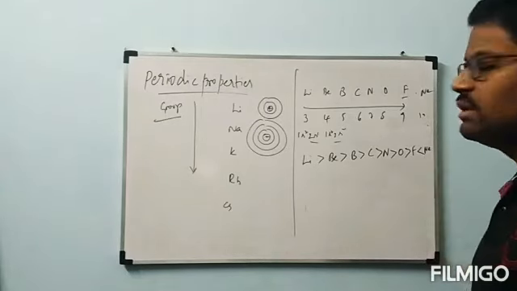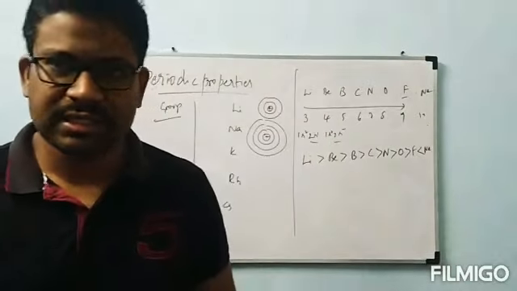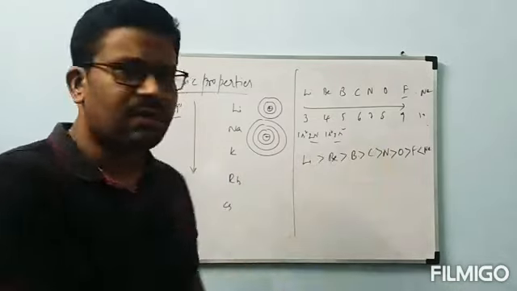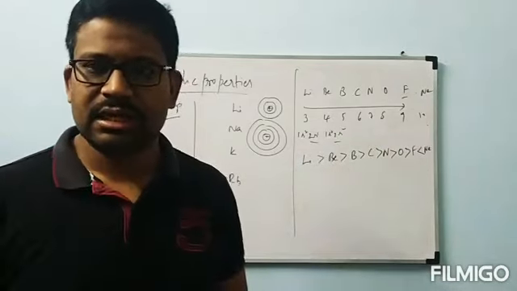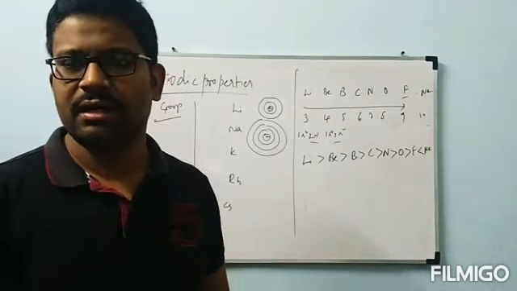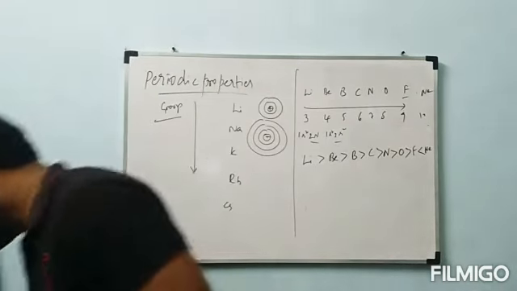Fluorine is less than neon. Anyway, we will not consider the reactivity of these inert gases much, so no need to consider that. Lithium to fluorine, what happens to atomic radius? Decreases. So remember, down a group atomic radius increases, and in a period, left to right, atomic radius decreases. This is about the first property. Next property.